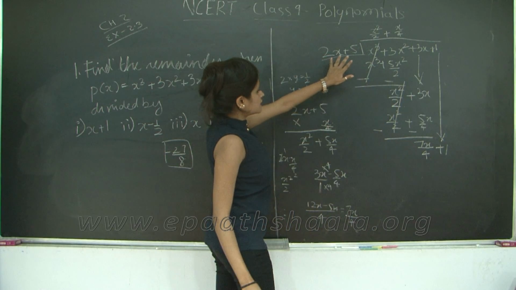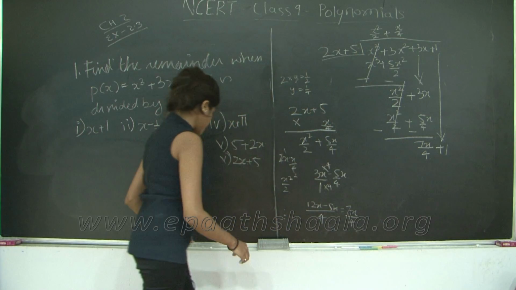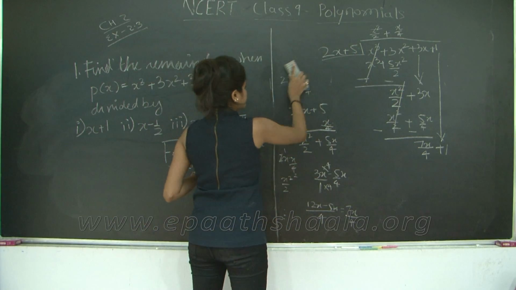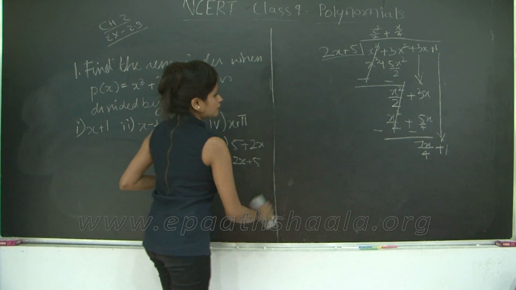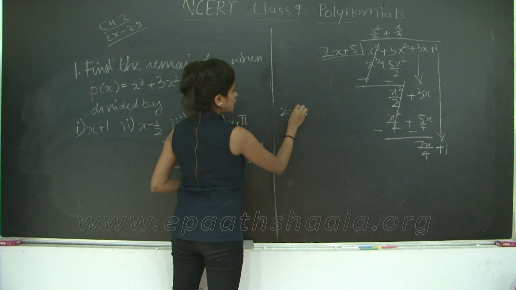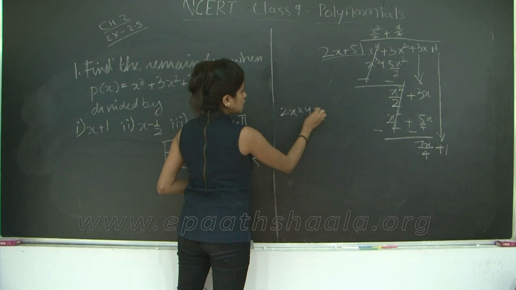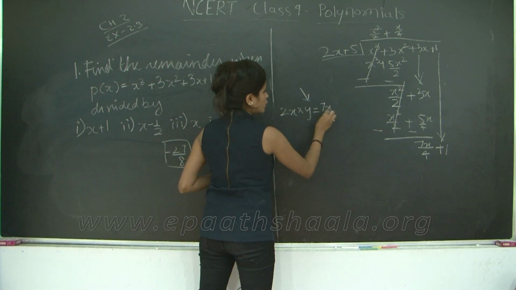So 2x plus 5 into what is going to give me 7x upon 4 as my first term? Let's find it out. You can simply do it like this. 2x into y, so you have to find what y is. 2x into y is going to give me 7x upon 4.